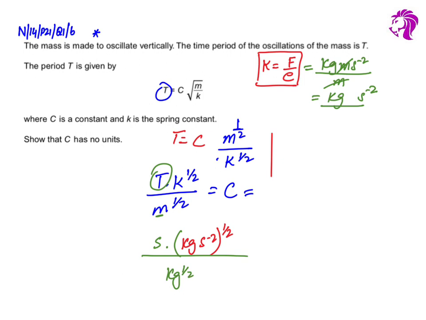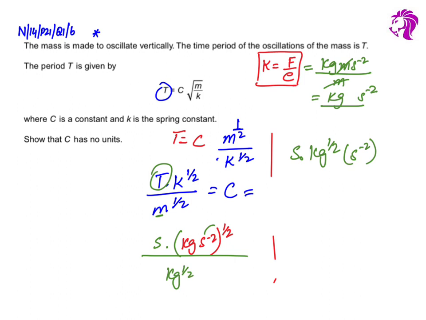Now I'll just save that for now, and that would become kg s^-2 all to the power half, because it's spring constant power half, and then mass power half, so its unit is kg power half.